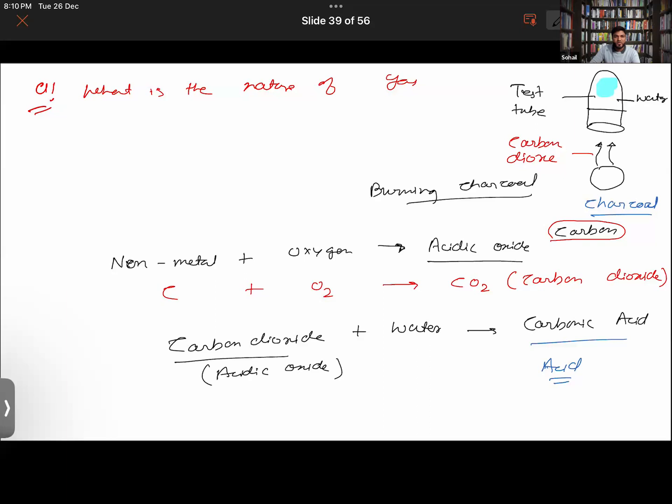Blue litmus paper to red, obviously. Right, Arhan? It will be turning blue litmus to red. So hence the nature of the gas is acidic in nature. Getting it now, Moaz, Arhan, Ahmed? So do remember that thing, ठीक है?